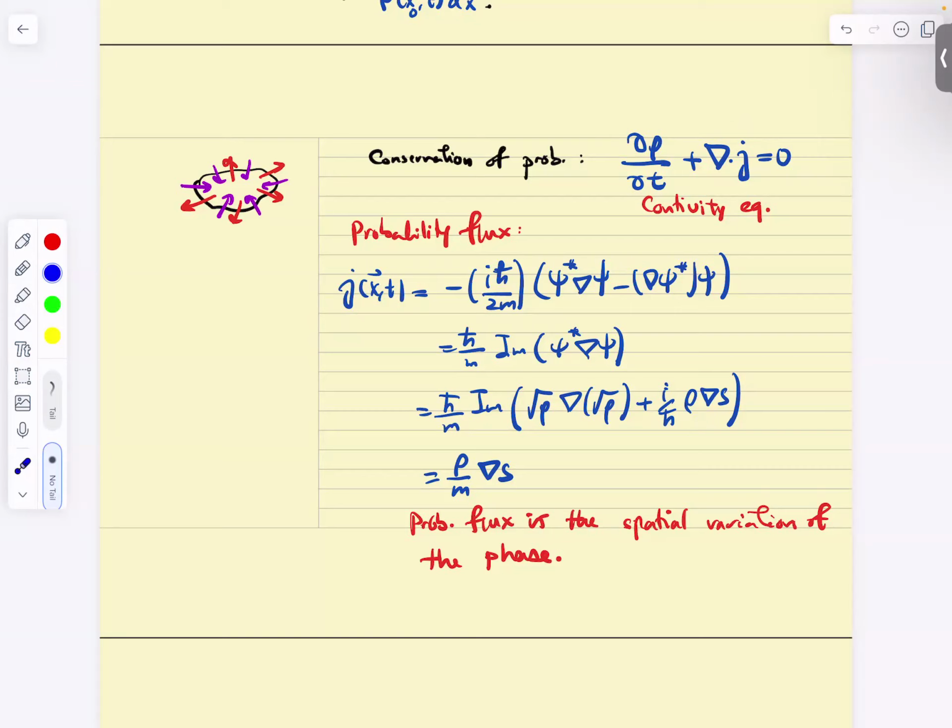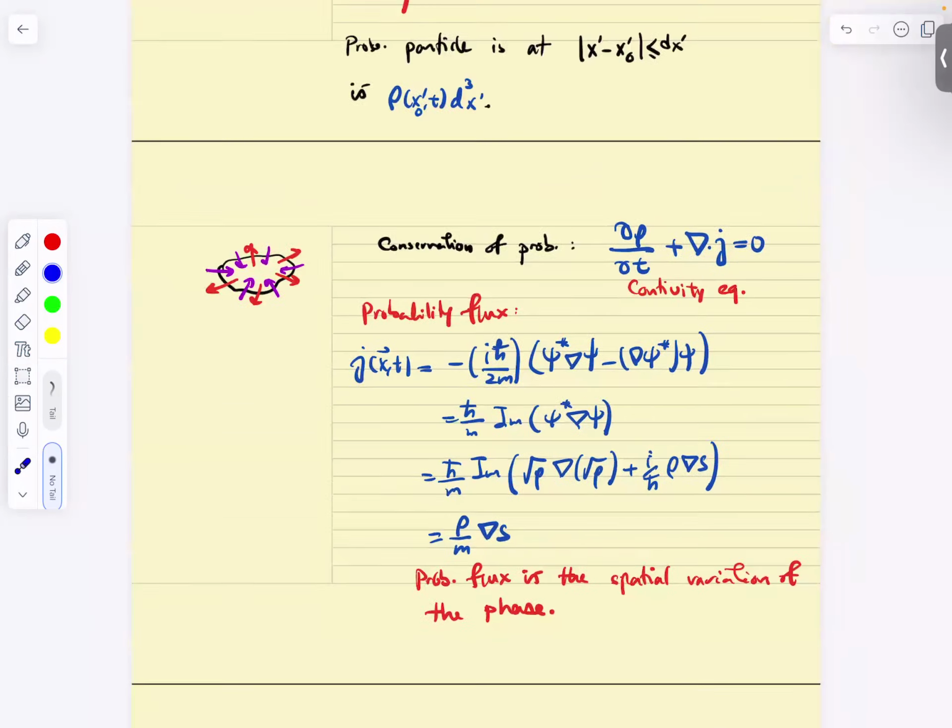How do I calculate J? I just take rho to be the norm of psi squared, take a derivative and set it equal to 0. That's how it's calculated. And then you repackage. From that, you find the result, whatever the right-hand side is, you write it as a divergence of some vector, and this is what the vector is.